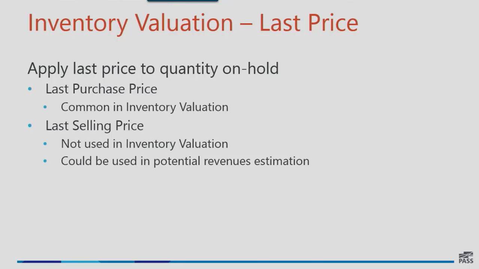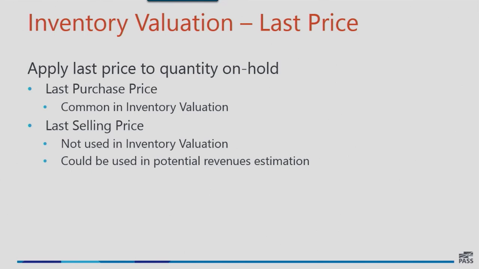Now, the last price can have two variations. I may evaluate the last purchase price or the last selling price, which are two numbers that are not exclusive. I can use both, because one represents what would be the cost of the products that I have in my warehouse if I buy these products today, last purchase price?